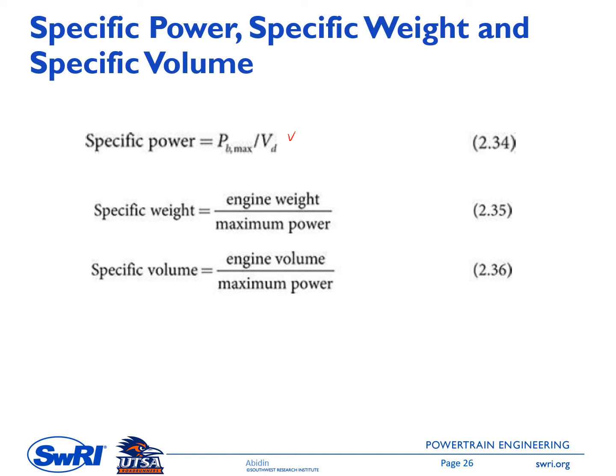For these parameters to be useful in engine comparison, we need a consistent definition of what components and auxiliaries are included when calculating the engine weight and engine volume. These parameters indicate the effectiveness with which the engine designer has used the engine material and engine packaging in the design process.